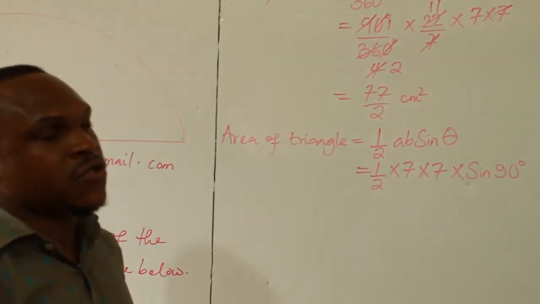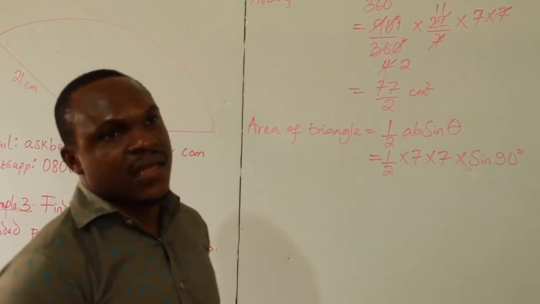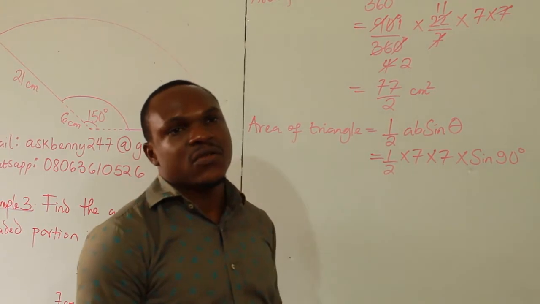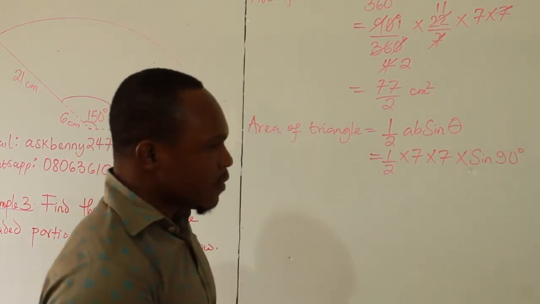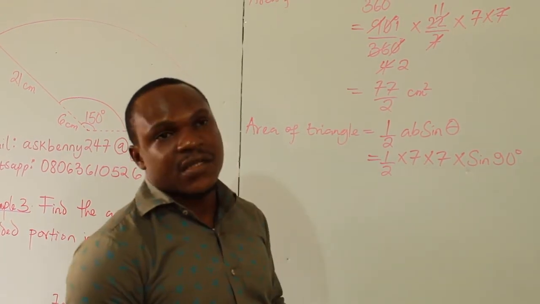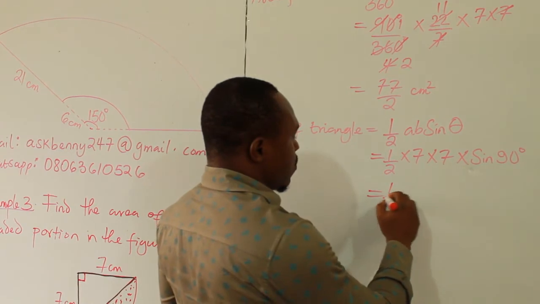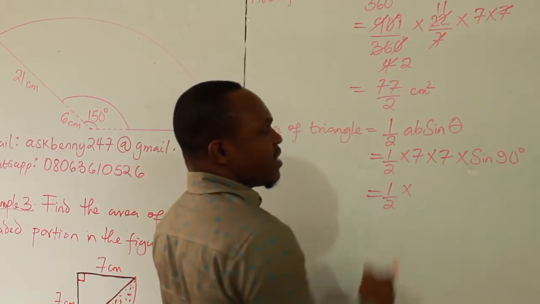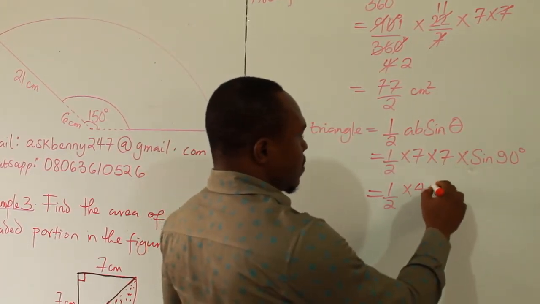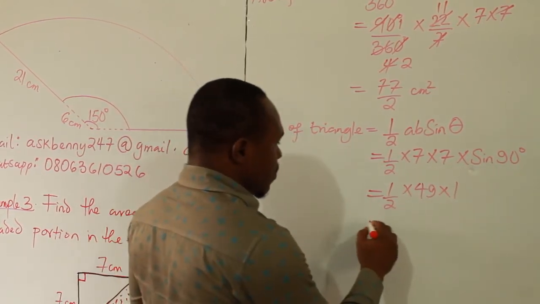I had previously taught you how to find the sines, cosines, and tangents of angles between 0 and 90 degrees. From our trigonometrical tables, sine 90 degrees is equal to 1. So we have 1/2 times 7 times 7 gives us 49, multiplied by sine 90, which is 1.